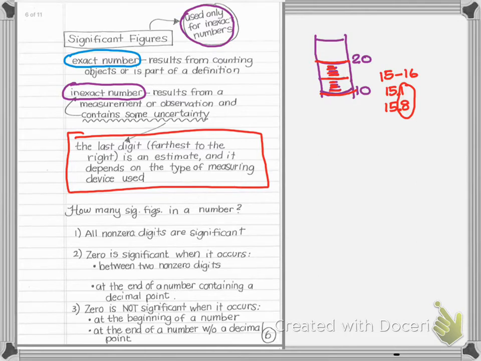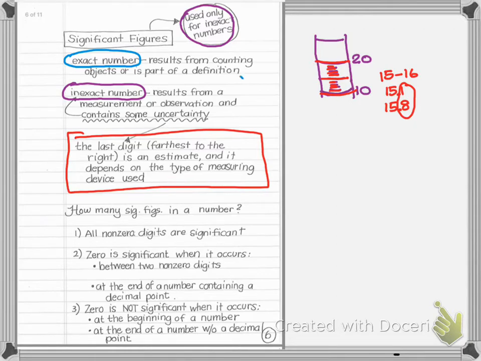The second time an exact number can arise is when it's part of a definition. So, for example, if I said how many sides are in a triangle, you would say there are 3. If I'm talking about 3 sides of a triangle, that's exact because that's a definition of a triangle.